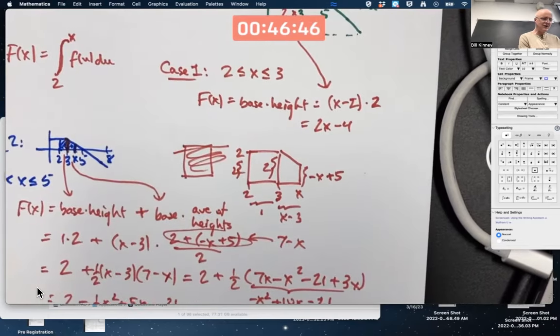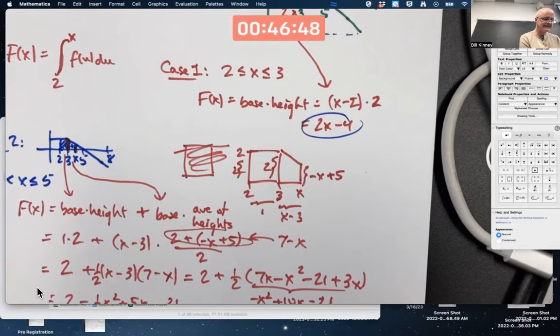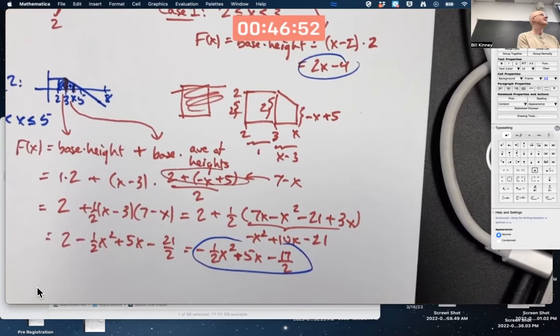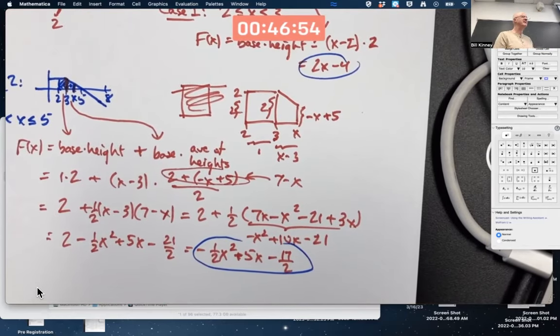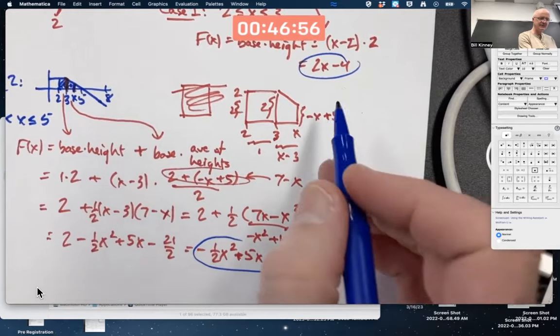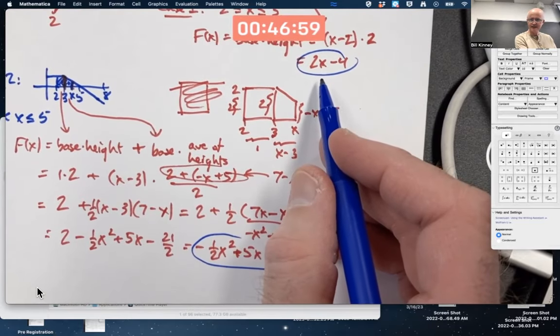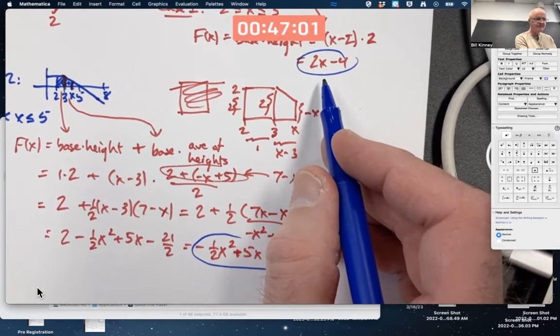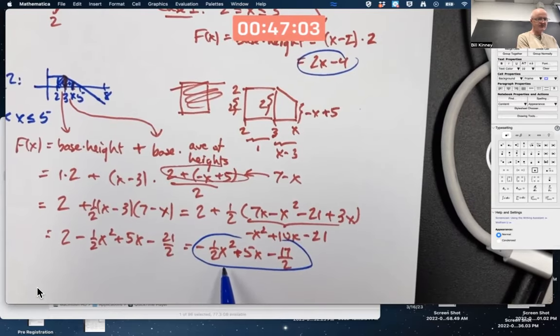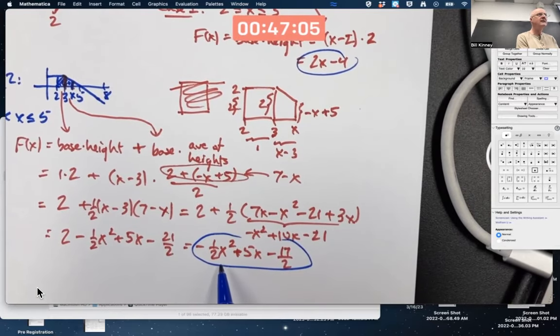These two formulas should also match up when x is 3. The integral should be a continuous function here. Do they match up when x is 3? The value of this when x is 3 is 6 minus 4 is 2. The value of this when x is 3 should also be 2. Let's see. 3 squared is 9. Negative 9 halves.